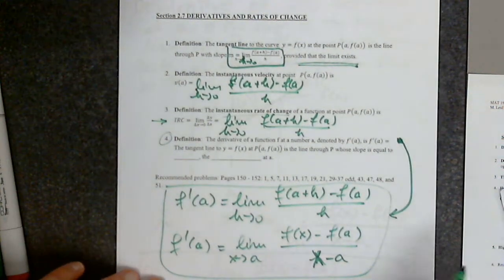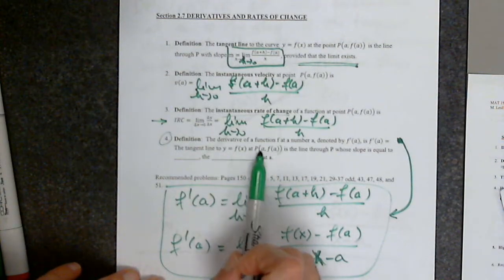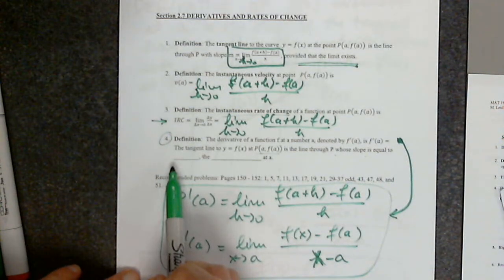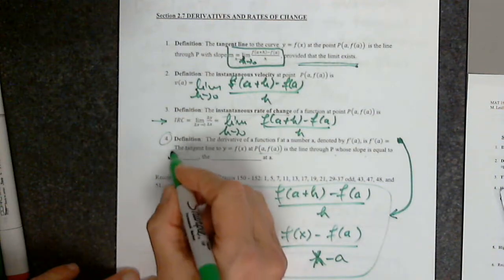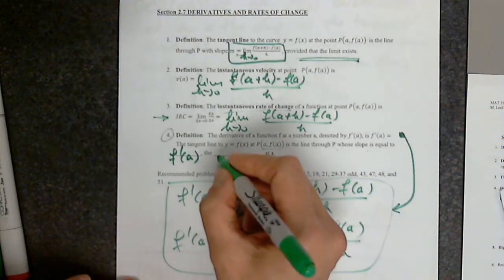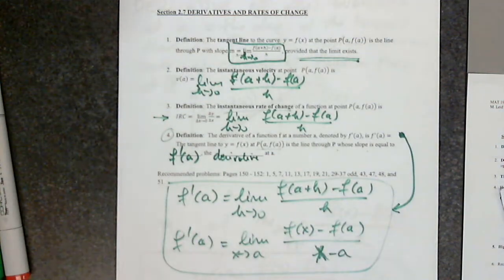Thank you. Okay, the tangent line to y equals f of x, which is the function, at this point is the line through P whose slope is equal to f prime of a, the derivative at a of f of x.